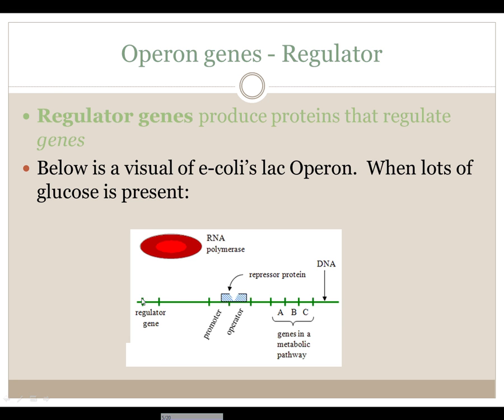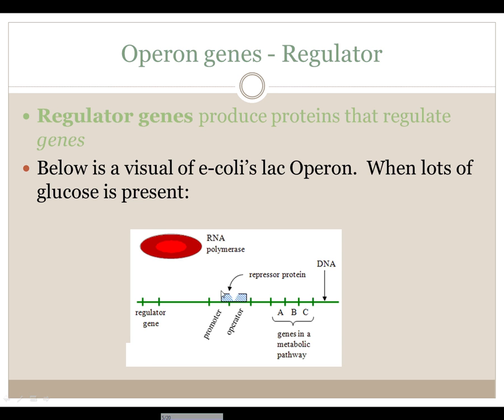When lots of glucose is present, E. coli would much prefer to use the glucose and not use lactose. So this regulator gene would be expressed, and it would make a protein, and that protein would pop right here.